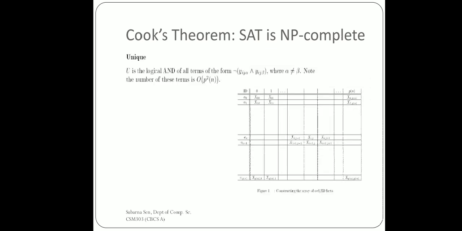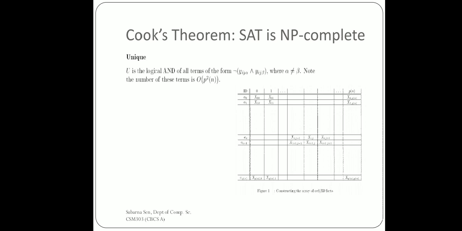So let us define the unique first. It is the logical AND of all the terms of the form y of ij alpha and y of ij beta. What is y of ij alpha? ij stands for the position, it may be either 0 or 1, alpha means the state associated with it, and beta is another state. So y ij alpha means the content of one cell, and y ij beta means the content of the other cell, and that too should not be the same, definitely alpha and beta are not equal.